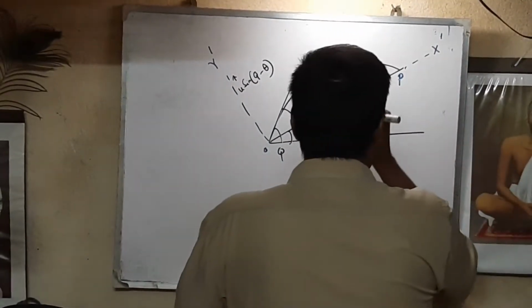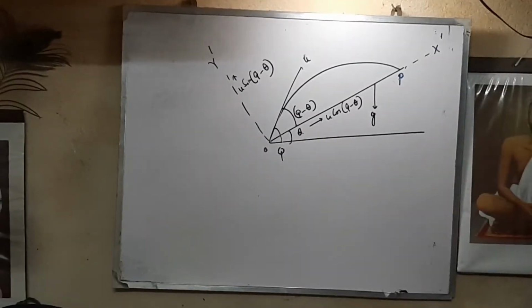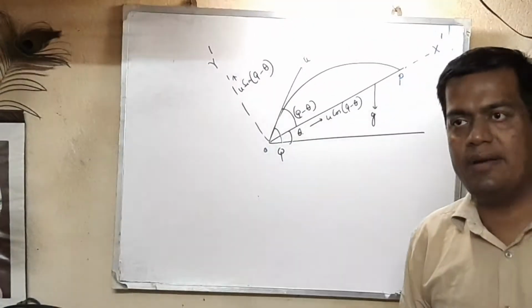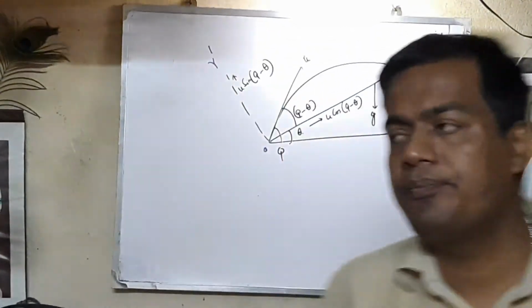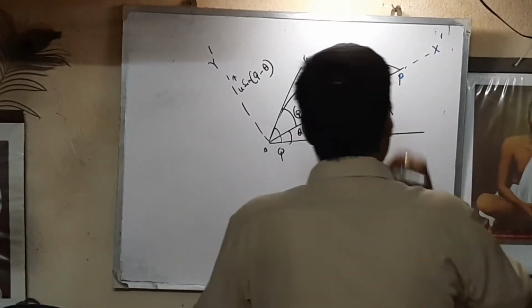So now acceleration due to gravity is directed along this direction. You all know the angle between any two lines is also valid for any two planes. It is also equal to the angle between their normals. Now, g can also be resolved into two rectangular components.